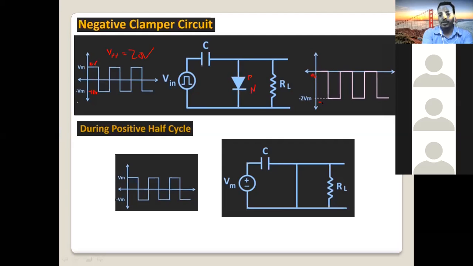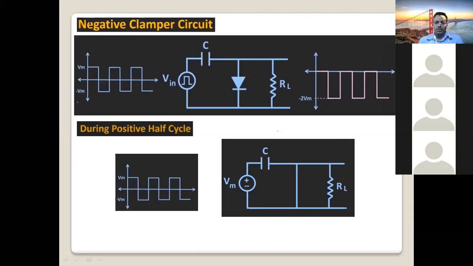Minimum minus 20. So again, peak to peak will be the same, 20 volt. No change on the peak to peak because it is a clamper circuit. The waveform is also the same, square waveform, but the signal is shifted downward because here we have a negative clamper circuit.